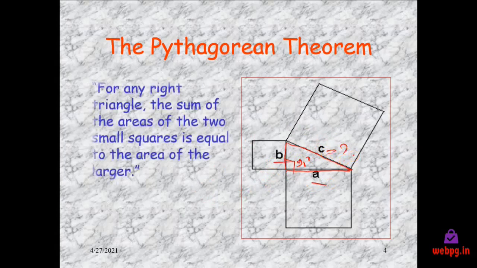For any right triangle, the sum of the areas of the two small squares is equal to the area of the large one.